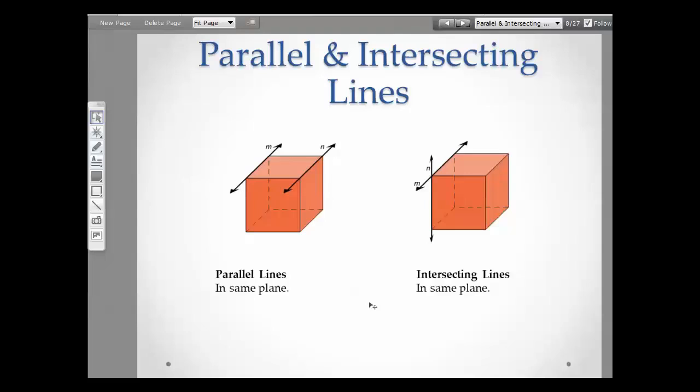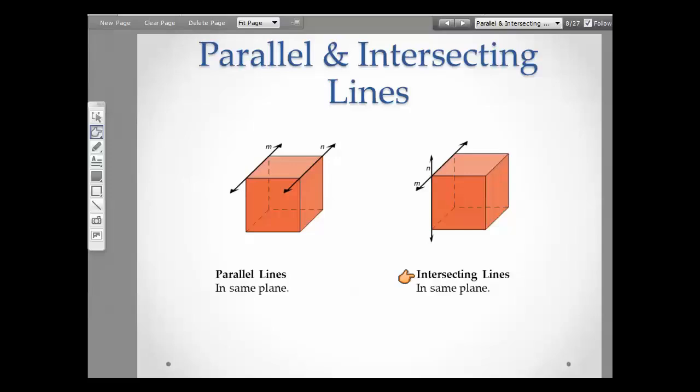Okay, so let's talk about parallel and intersecting lines. Parallel lines are in the same plane. So notice this top face of this cube, that's a plane. And on one side of the plane is line M, and on the other side of the plane is line N. So parallel lines are going to be in your same plane.